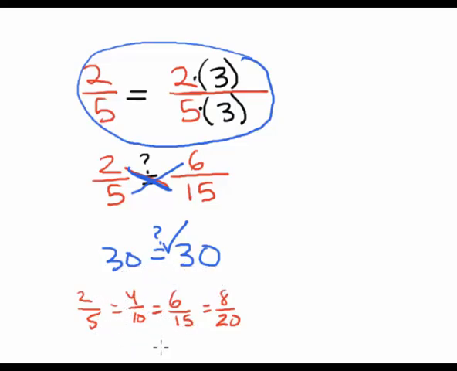Times 4, times 4. We can keep going, and actually we can write any fraction that is equivalent to 2/5 as 2 times some x over 5 times some x.